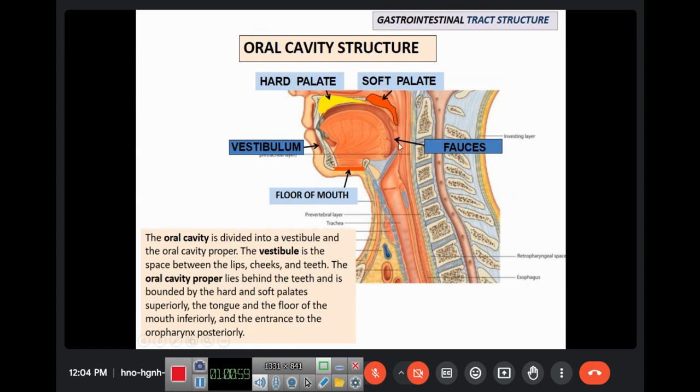The oral cavity proper is the space between the teeth, the floor of the oral cavity, the hard and soft palate, and also the tongue is located in the oral cavity. It is connected to the floor of the oral cavity. Oral cavity is continuous with the pharynx, and oral cavity is separated from the nasal cavity with a hard and soft palate.